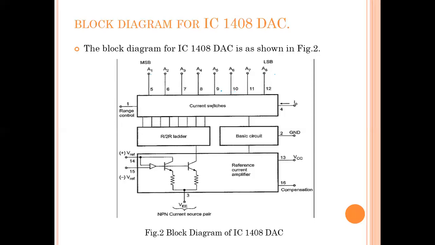It requires 2 milliamps reference current for full scale input and 2 power supplies. As shown, one power supply is the positive supply voltage, that is plus 5 volts, and then the negative power supply, shown here as VEE, which is minus 5 volts.